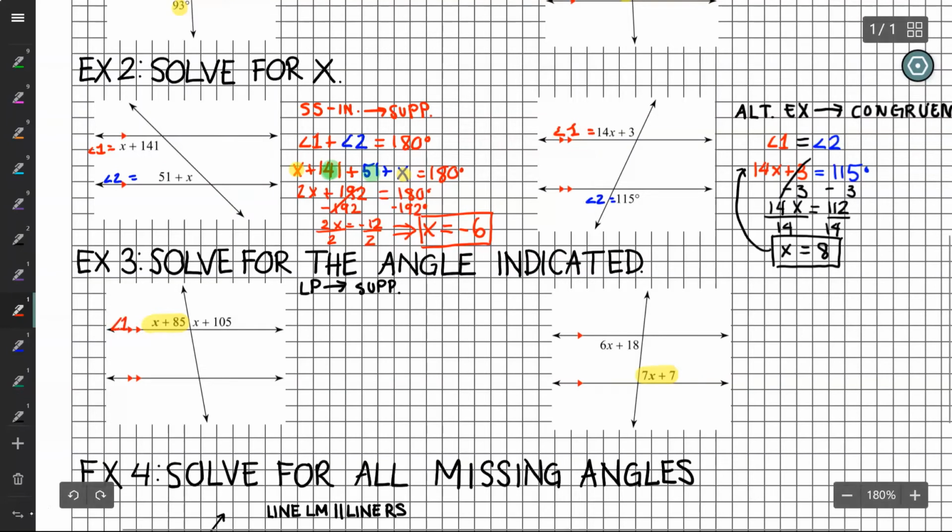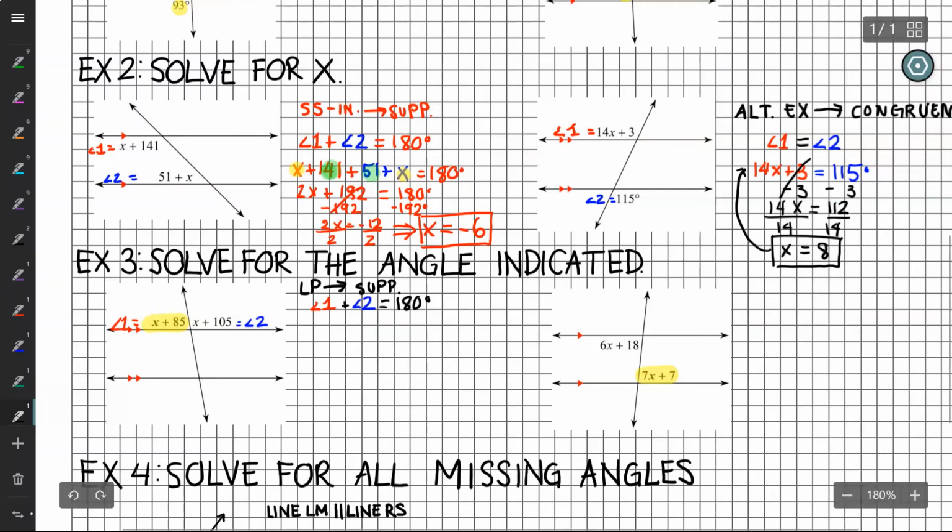Angle 1 equals x plus 85, and angle 2 equals x plus 105. So I am going to have angle 1 plus angle 2 equals 180 degrees, and then I'm going to substitute my information.